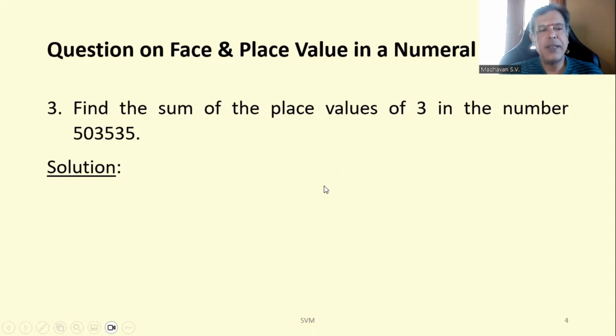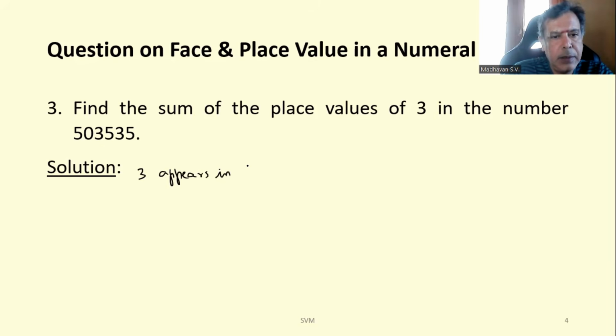Find the sum of the place values of 3 in the number 503535. 3 appears in the 10th place and also in the 1000th place in this number.